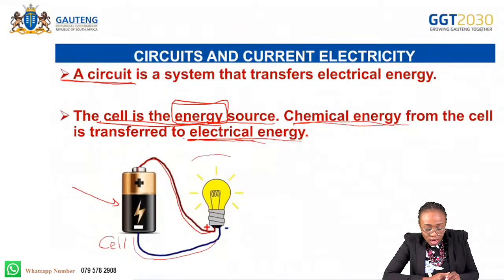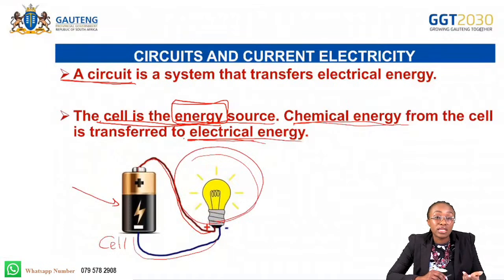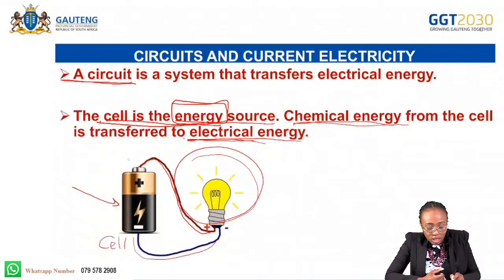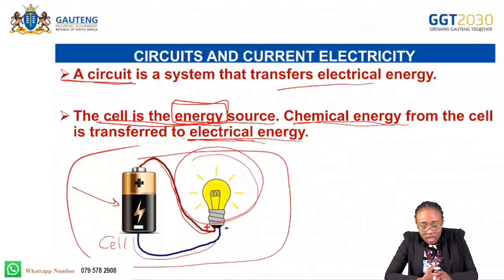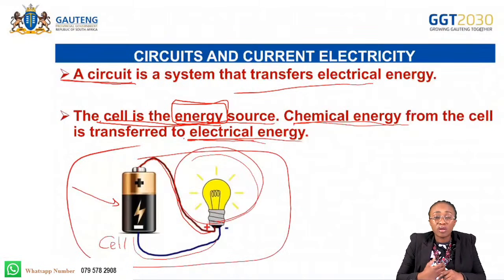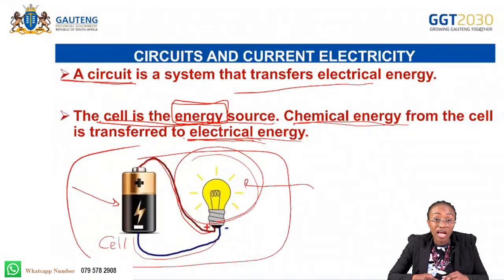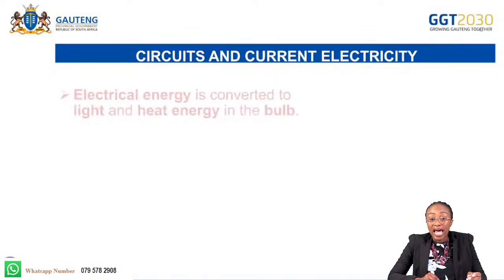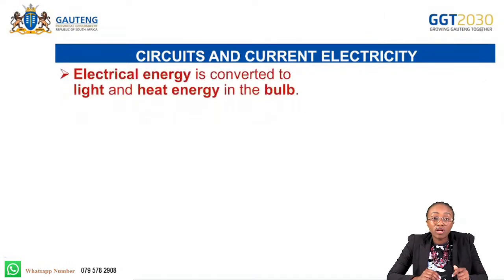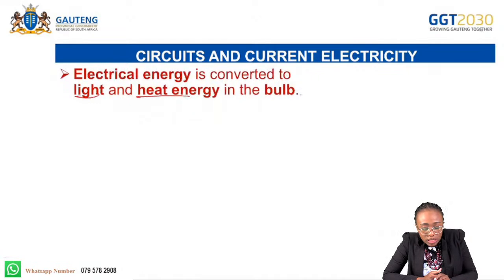Then we have our bulb, which will give us light energy and heat energy; bulbs tend to get warm with time. So within this circuit there is a transfer of energy from chemical to electrical, and in this particular case to light energy. Electrical energy is converted to light and heat in the bulb.